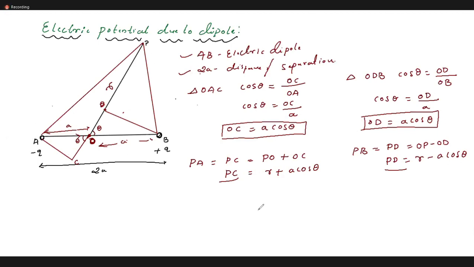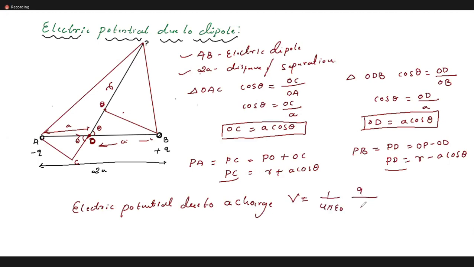So let me write the electric potential due to a point charge. What is the formula? V is equal to 1 by 4 pi epsilon naught, Q divided by R. Do you remember this formula?